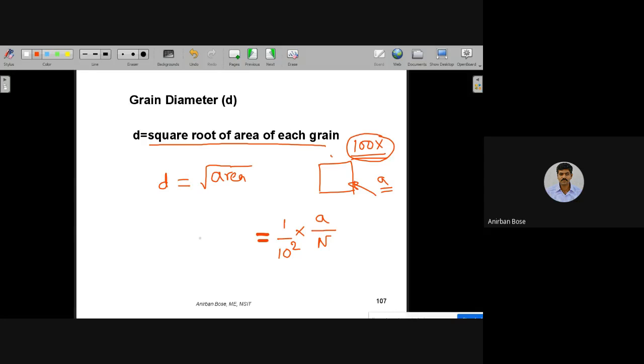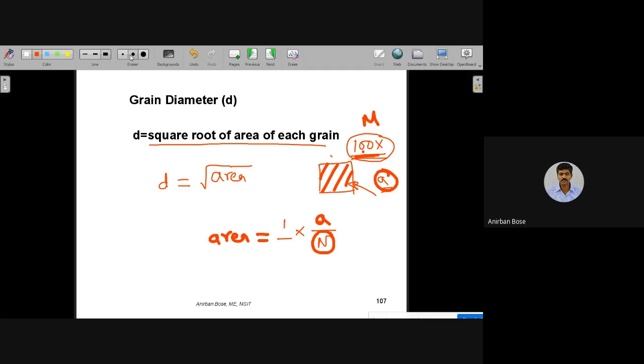A is the total area that you have taken, and N is the number of grains you have observed. Here we have considered 100 magnification. If you consider magnification M, then this will be M square. Here it is 100 magnification, so it will be 100 square. I'm sorry, it's not 10 square. I'm sorry for that.